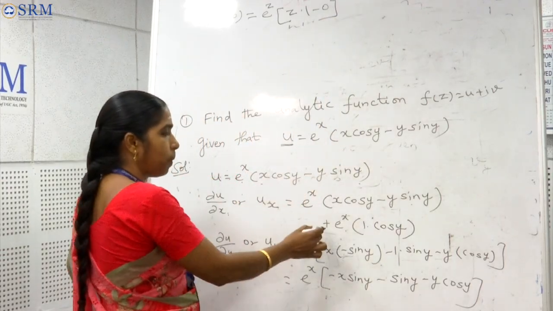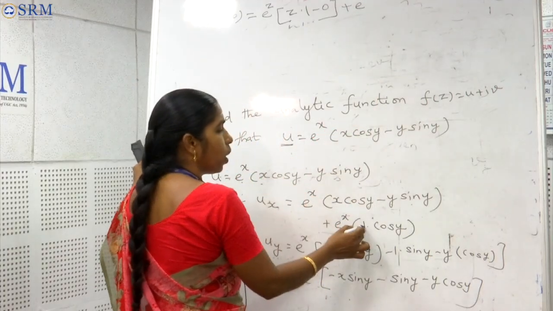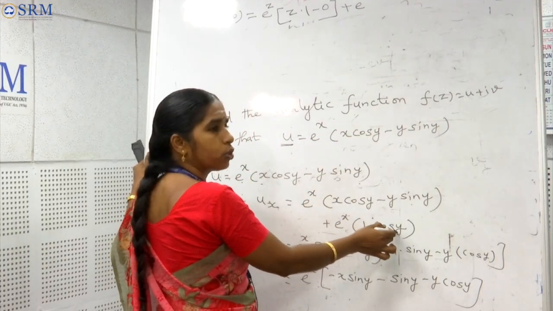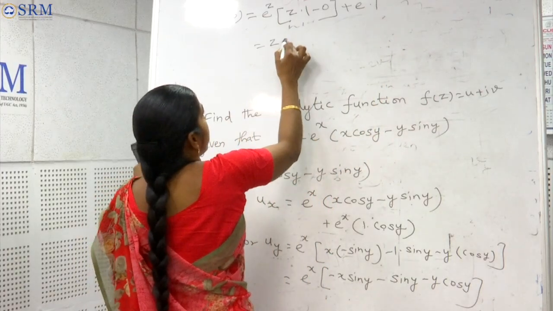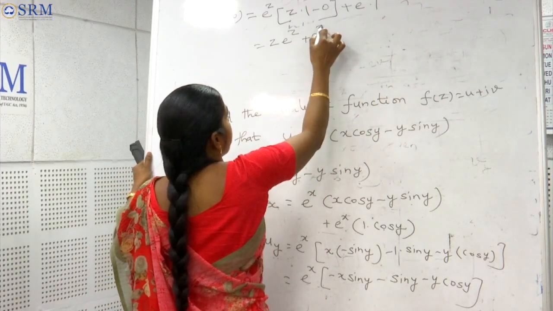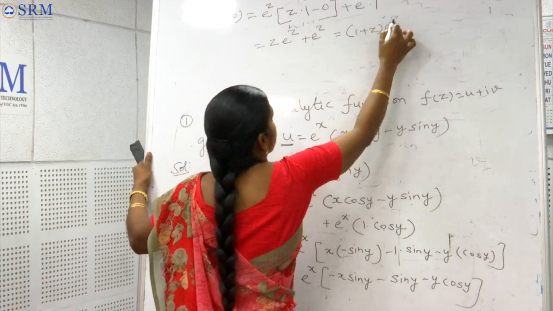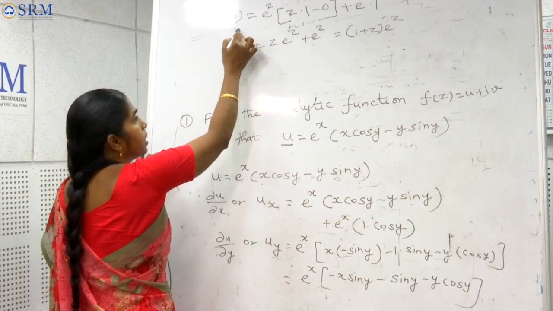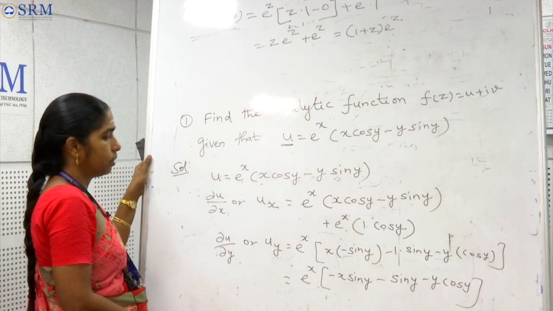Close the bracket, plus e^z, 1 into cos y, y also 0, is 1. So z e^z plus e^z is equal to (1 plus z) e^z. So u_x of (z, 0) value is (1 plus z) e^z.